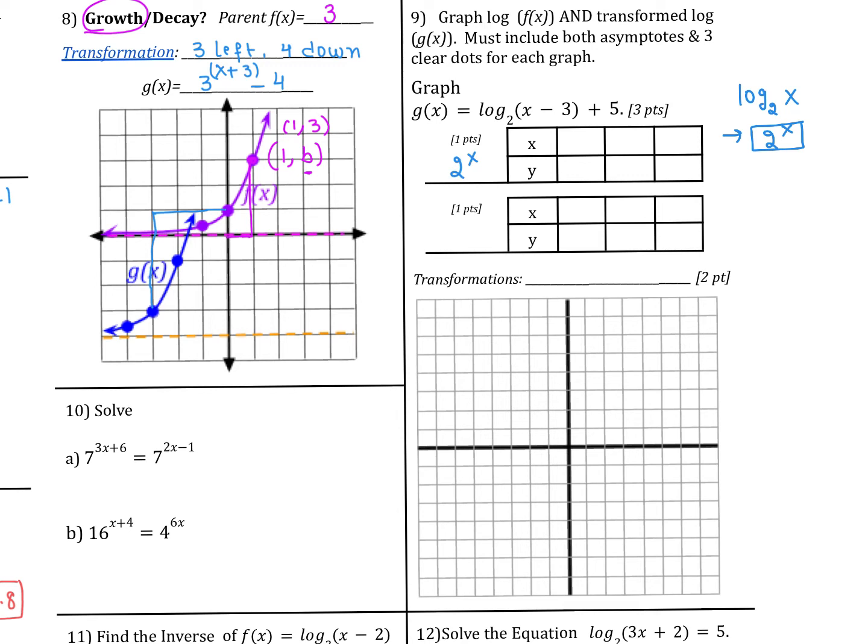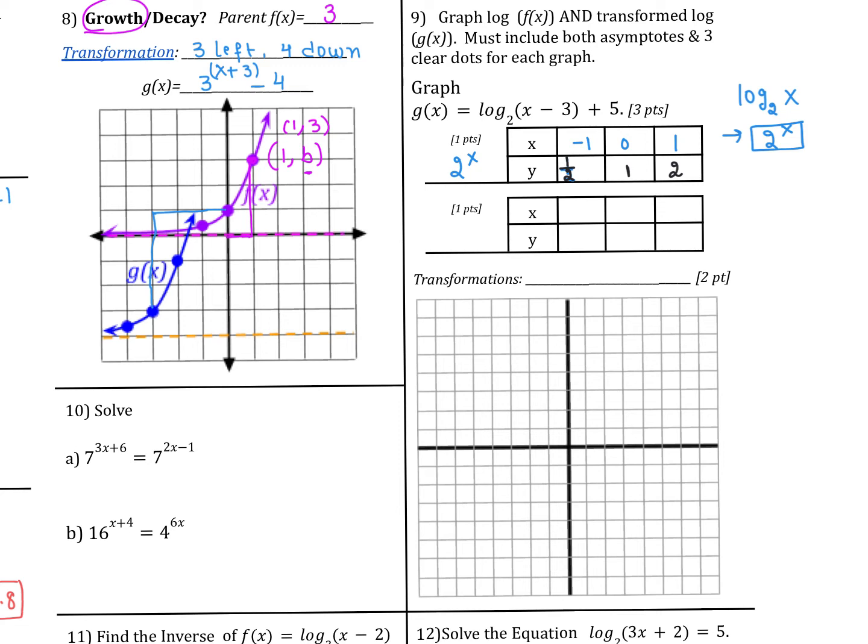You choose any 3 points, so normally it is -1, 0, and 1. 2 to the power -1 is 1 over 2. 2 to the power 0 is 1. And 2 to the power 1 is 2.